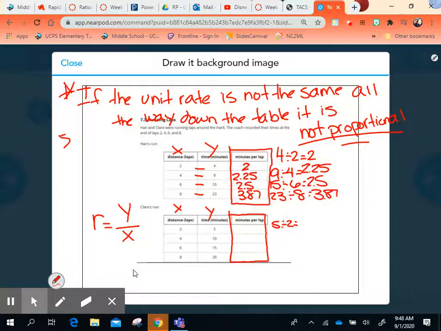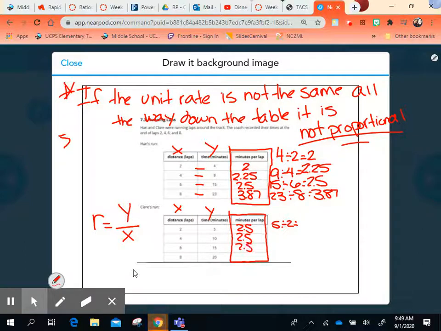Is it proportional? Okay, so if I divide 5 divided by 2, what does it give me? 2.5. If I do 10 divided by 4, what does it give me? If I do 15 divided by 6? 2.5.